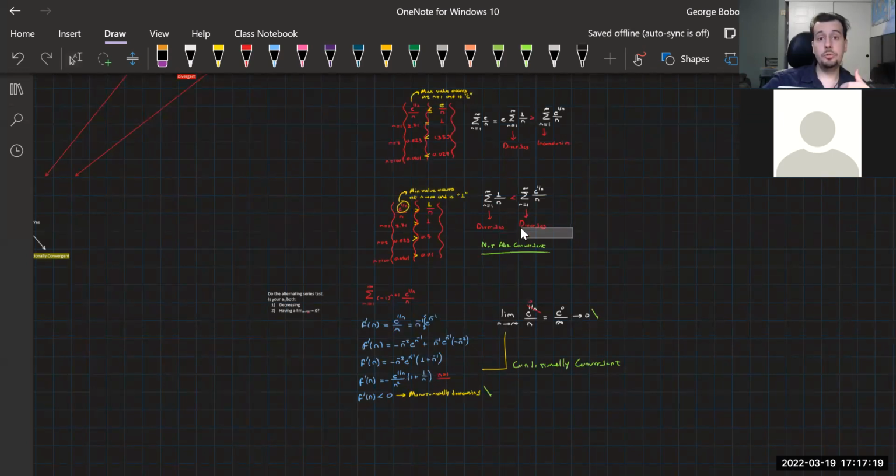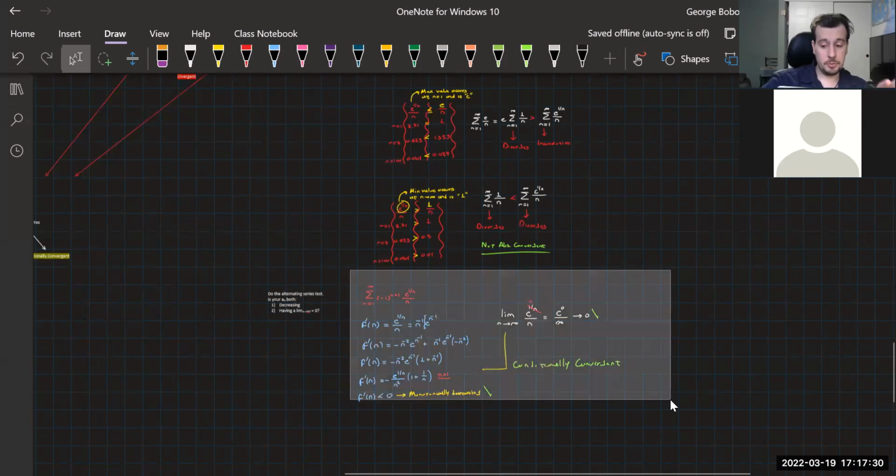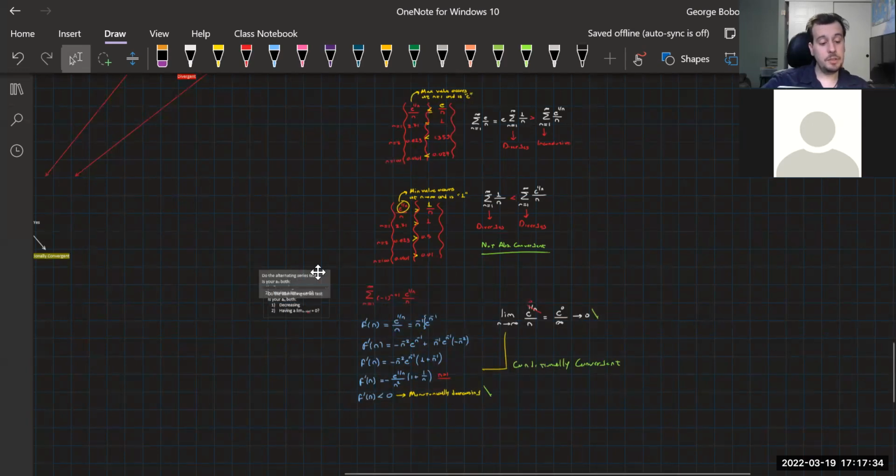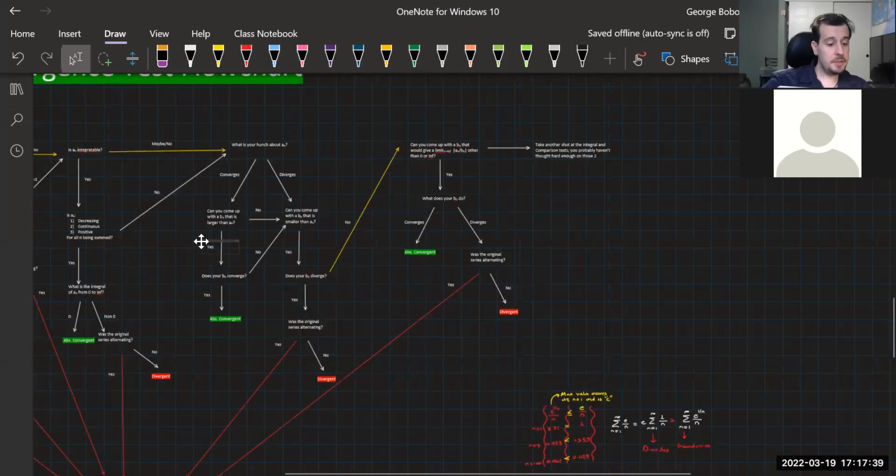Now we have to go back and do the original a sub n. If somehow in this box here we had that it converges, we wouldn't have to do this work. You see what I'm saying? But unfortunately, we did. Okay, so that's again the flow chart here.